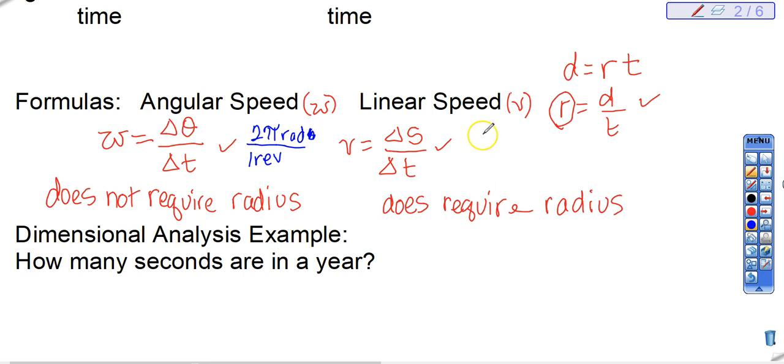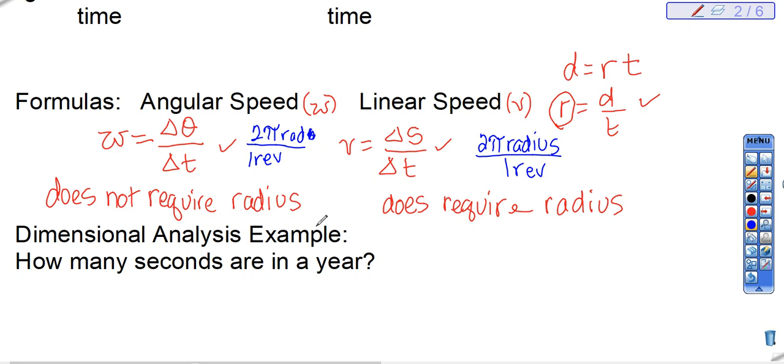Linear speed, 2 pi times the radius is the same as 1 revolution. Okay? So when you're looking for angular speed, 2 pi rad over 1 rev, because we're going to use dimensional analysis, will be very helpful, because that's knowledge that you should know, right? If I say we're going to do 1 revolution, how many theta?